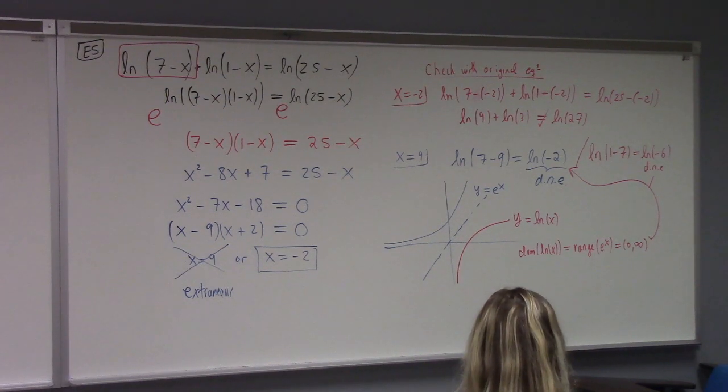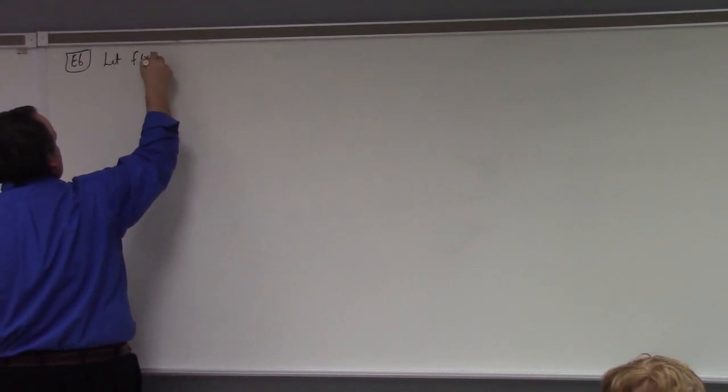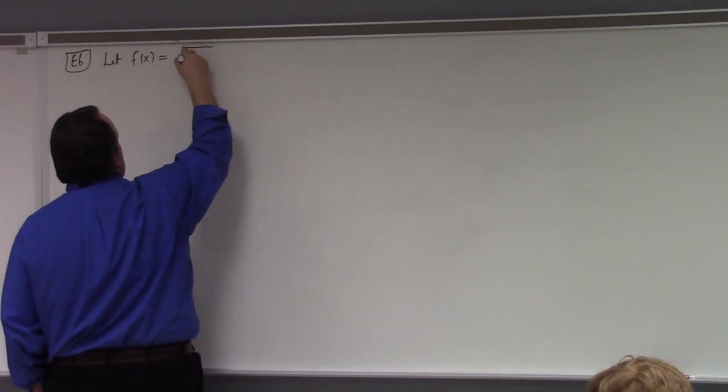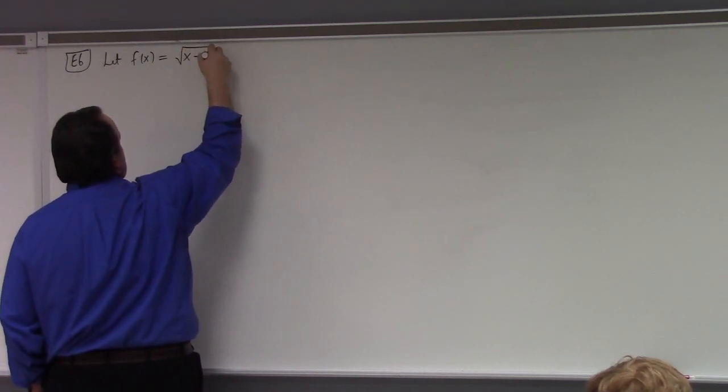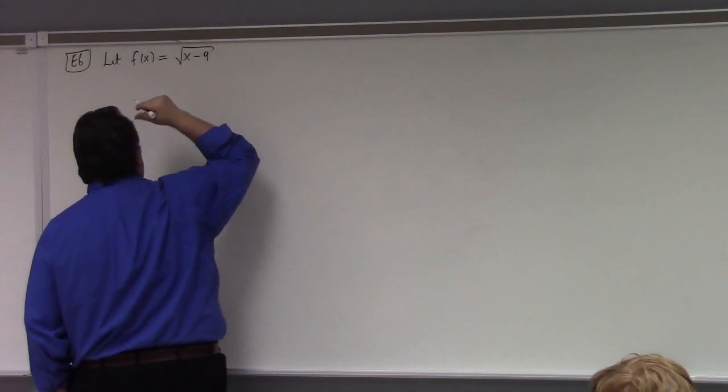Example 6. So here's the question. Let f of x equal the square root of x minus 9. I'll do 9 again. Why not? I'll be boring. It's the same thing I did in the other section.